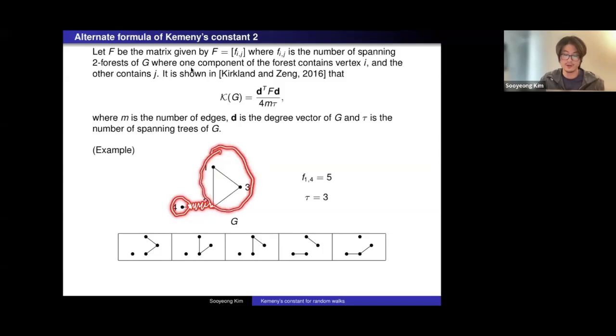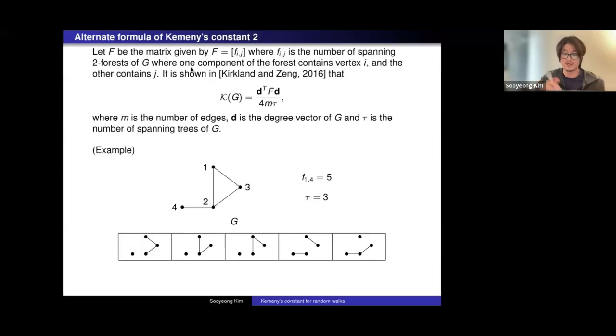So we have 3 options, right? Here, we can generate 3 subtrees like this, right? So these are 2-forests, and they span all the vertices. And then for this part, when you contain these two and cut these 2 edges, we obtain this. And then here, containing this part and isolating vertex 1, we have this spanning 2-forest. So there are five spanning 2-forests.